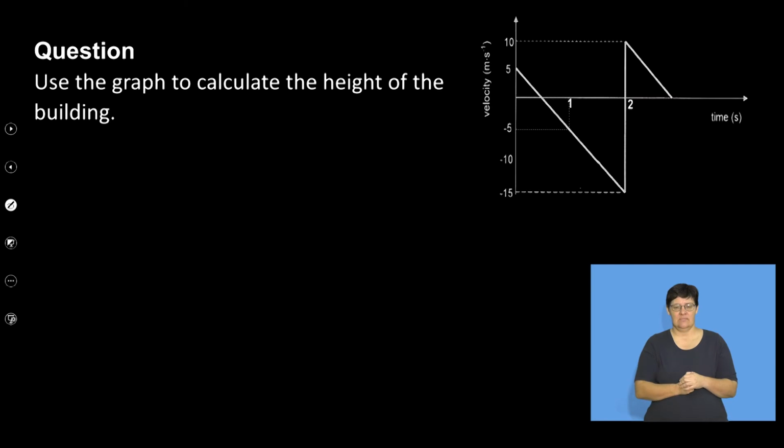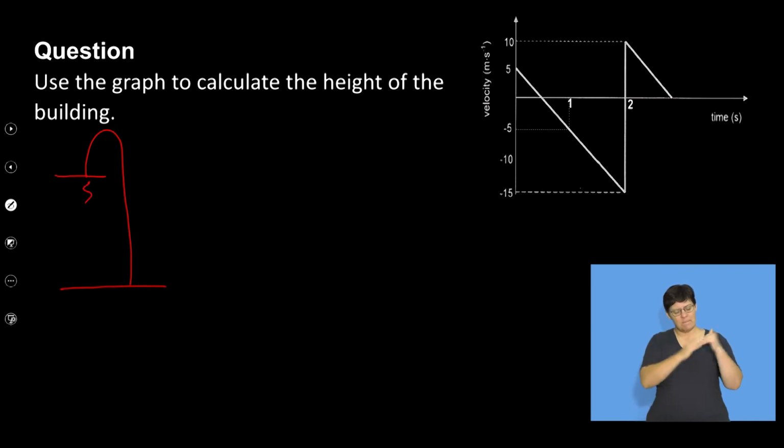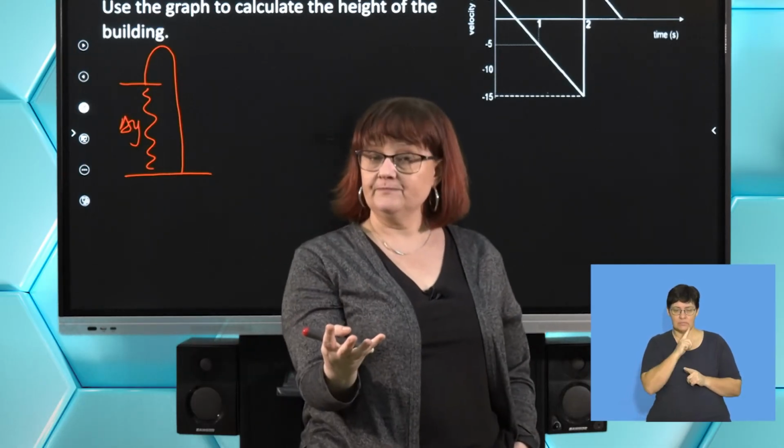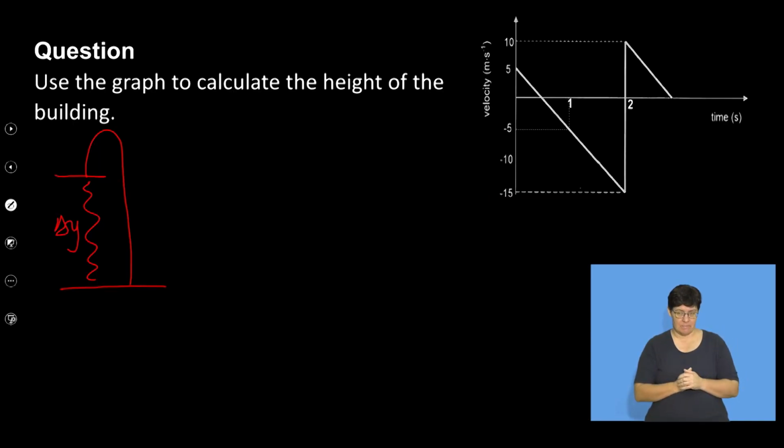Now they say use the graph to calculate the height of the building. Remember, my object went up and then came down. I want delta y. Delta y is the displacement. They're saying to me, use the graph.